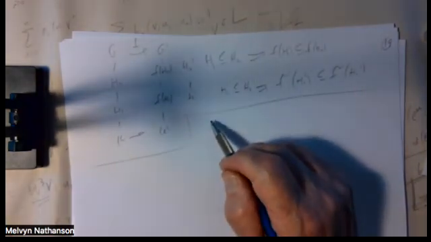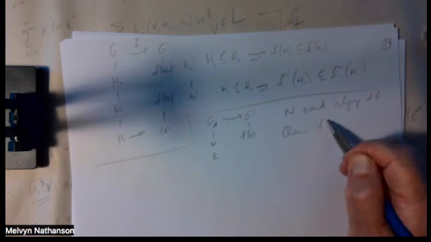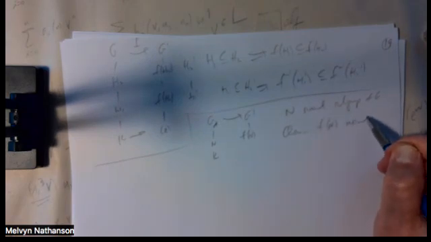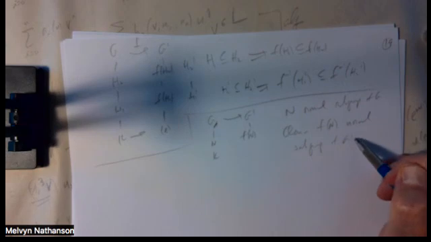So suppose I have G, K, and N, a normal subgroup of G. I claim F of N is a normal subgroup of G prime.